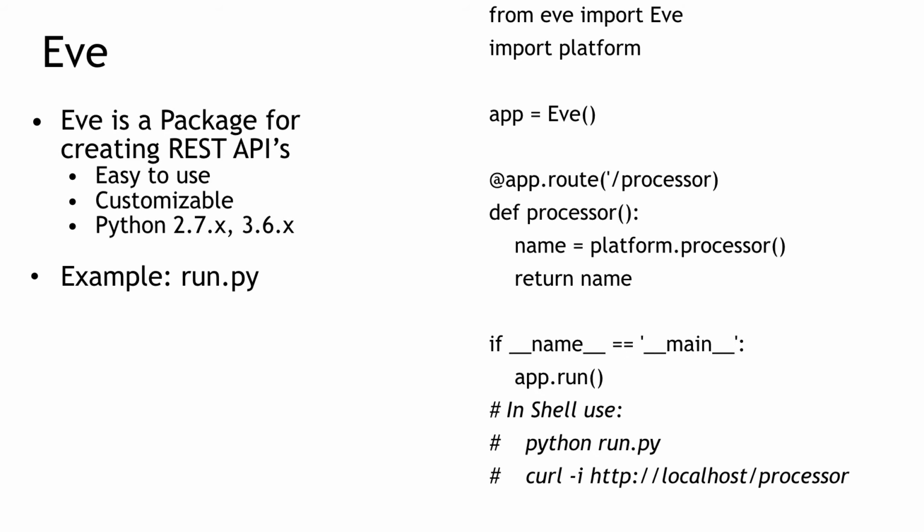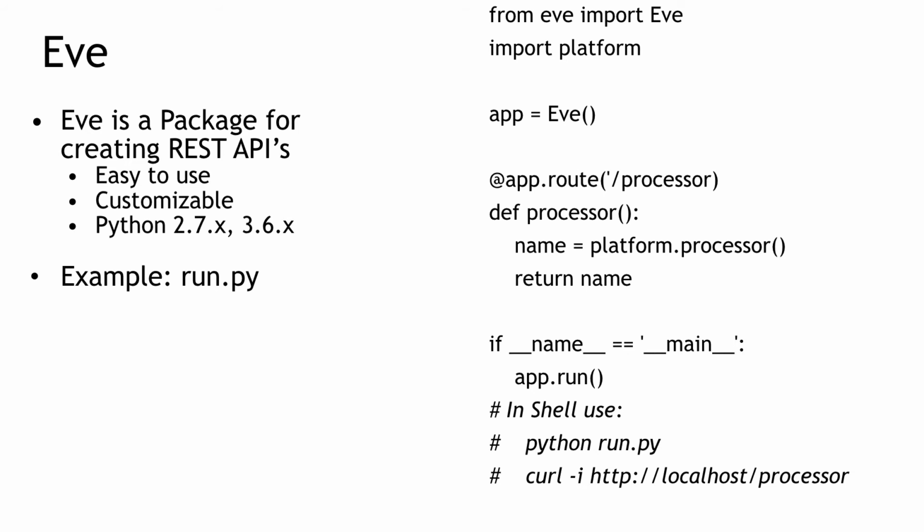The app.route operation that you can see is called a decorator in Python, which allows us to make sure that the function called processor is associated with an appropriate URI that we have for this particular service.